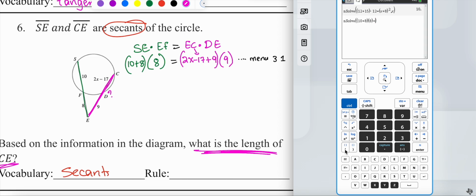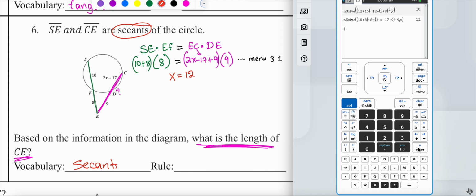So parentheses 2x minus 17 plus 9, close parentheses, open parentheses, 9, close parentheses, comma, x, enter. So x is equal to 12.